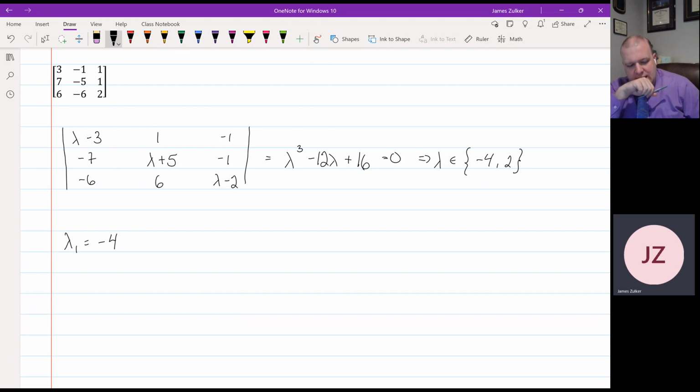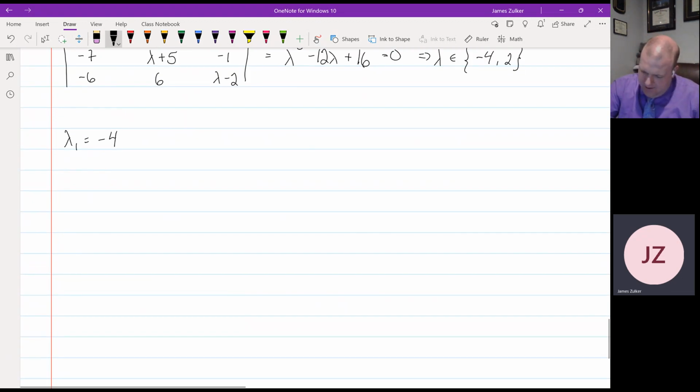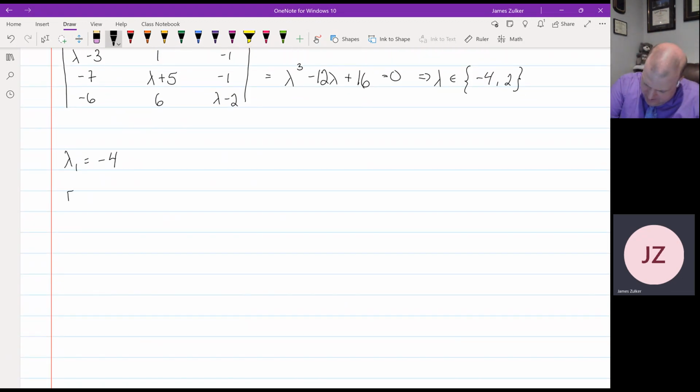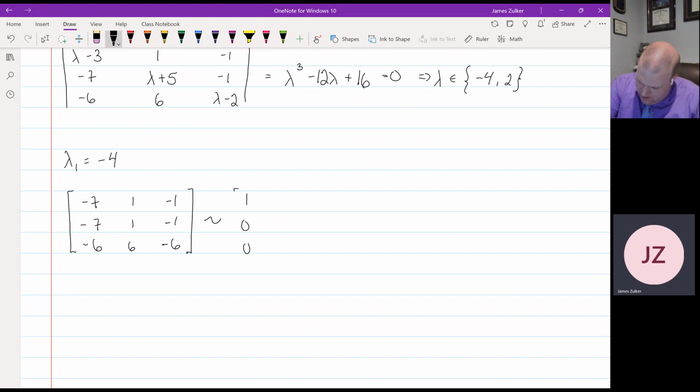For lambda equal to negative 4, this will reduce to this matrix.